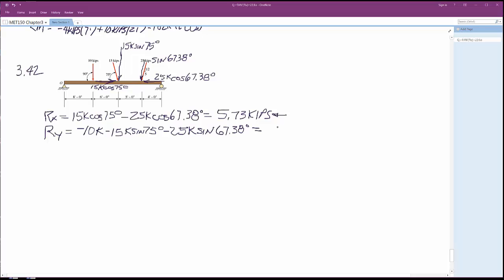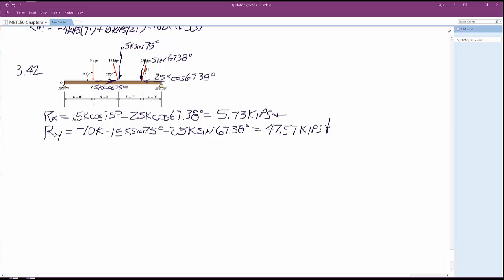Do the math on that, and you'll find out that that's a negative 47.57 kips. Since it's negative, it's going down.